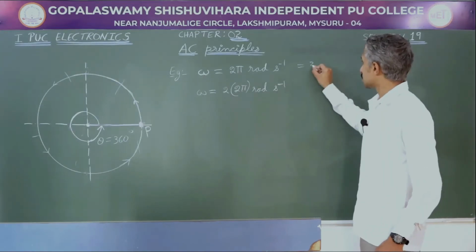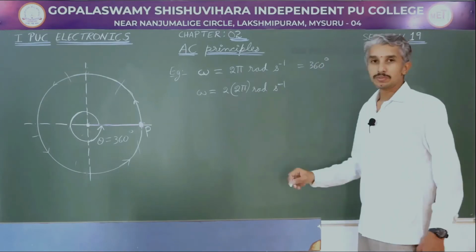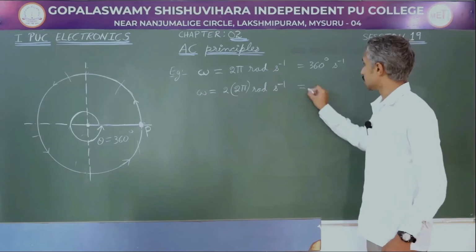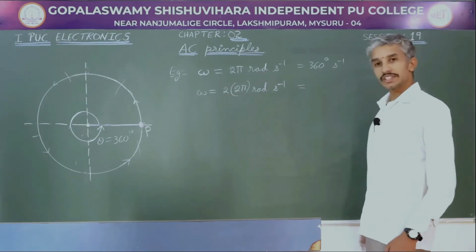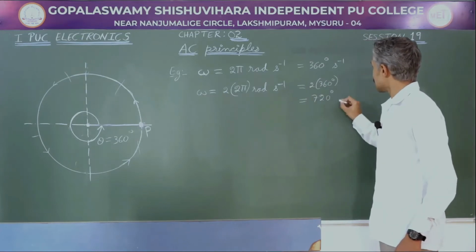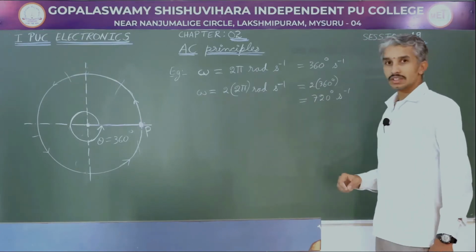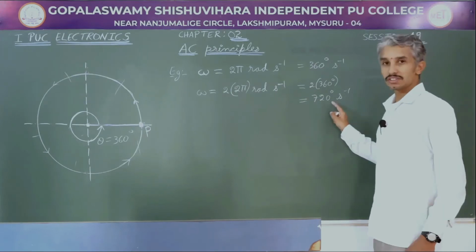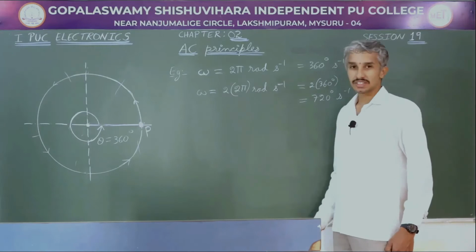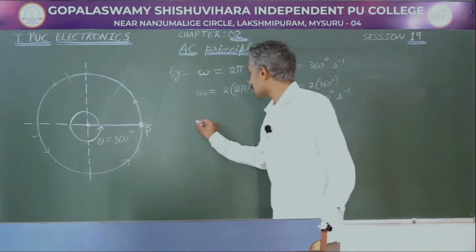This is nothing but the object covering an angle of 360 into 2, that is nearly 720 degree per second. So, the angular speed, instead of measuring in degrees per second, can be measured in radians per second.